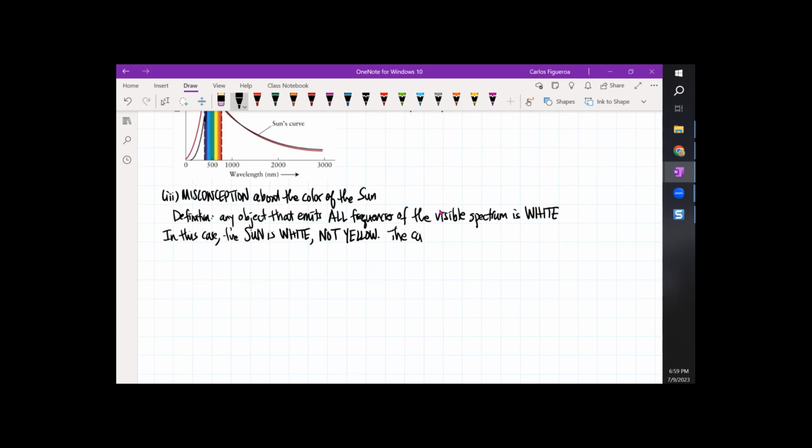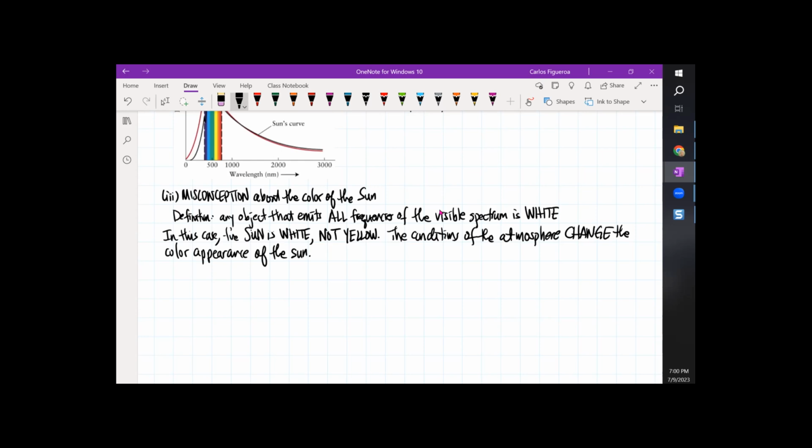The conditions of the atmosphere change the color appearance of the sun. That's why at sunset you could see a red sun. Does that mean that the sun is red? Of course it's not.